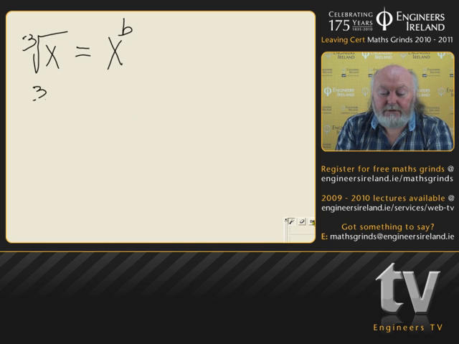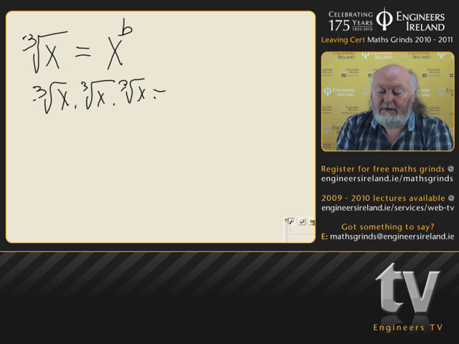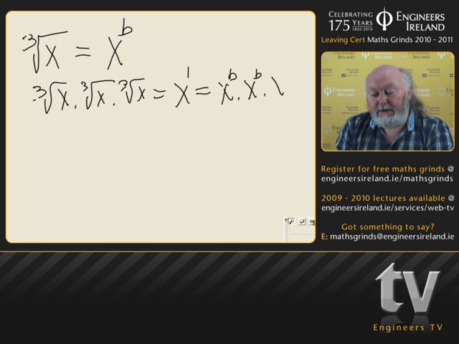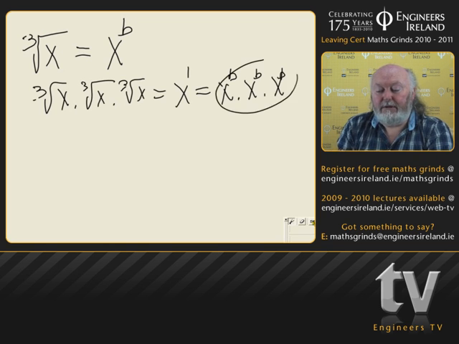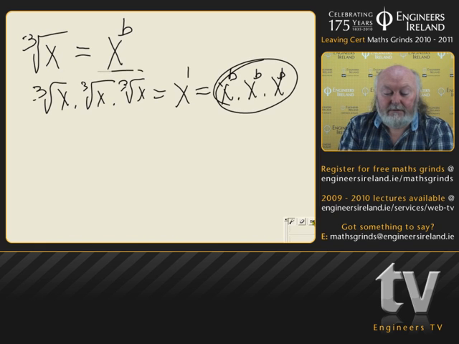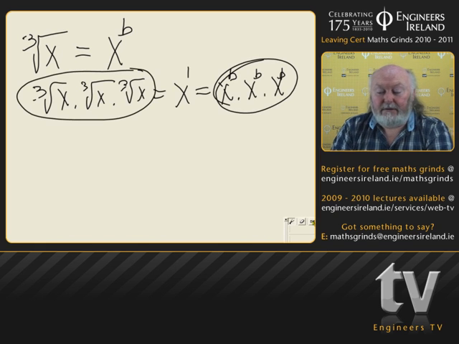We know that the cube root of x by itself, and again by itself, is x, which is x to the 1. So we can say x to the b by x to the b by x to the b must be the same thing. All I'm doing over here is I'm copying what I've done here.